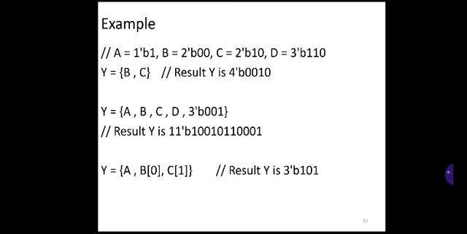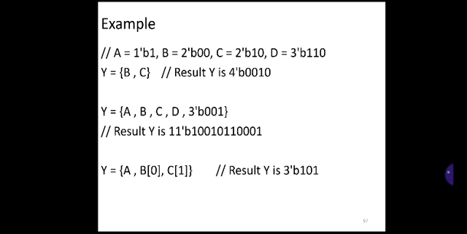Y is equal to {B, C}. So B and C are the operands within the concatenation operator, separated by comma. First, let's compute the size of Y. Y is the concatenation of B and C. The size of B is 2 and the size of C is also 2. So 2 plus 2 is 4, and 4 is the size of Y.